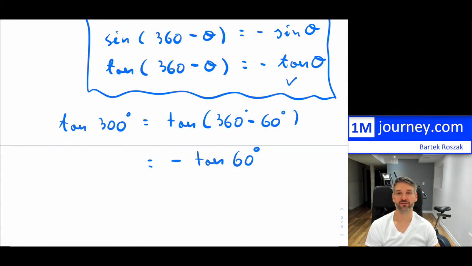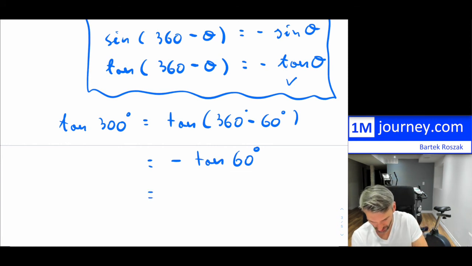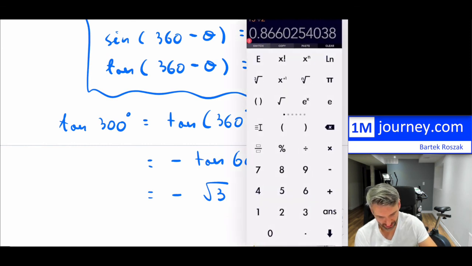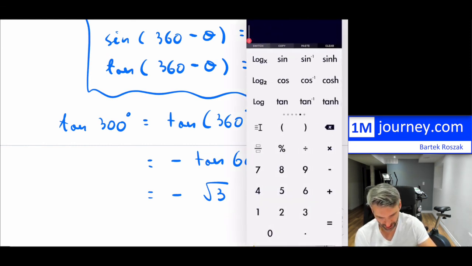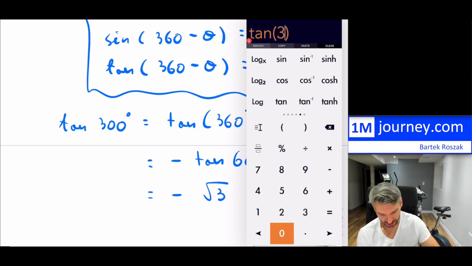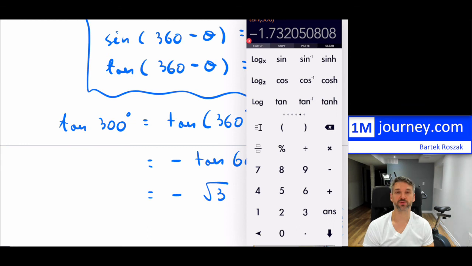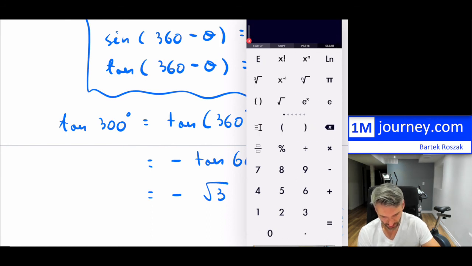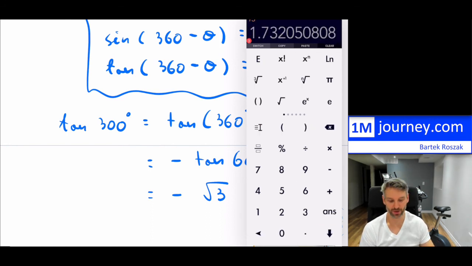So that's what we have within there. And then you can just check, this is going to be the square root of 3. All right? So that's what you would have. And again, you can just plug it right back in here, if you are allowed to use your calculators. Sometimes you're not. So if you do that, you notice that that's what you would get: negative 1.7320 and so on, which is indeed square root of 3, and of course negative.